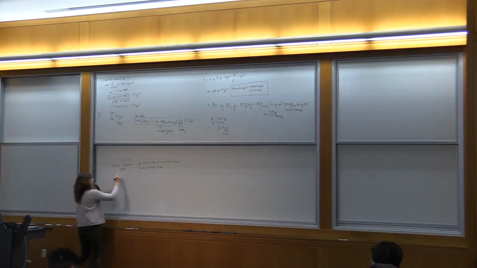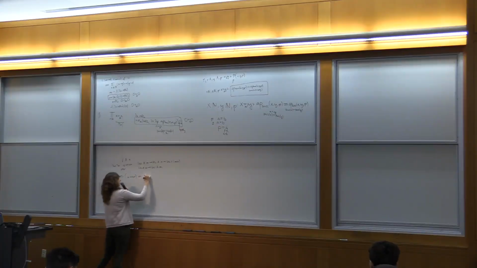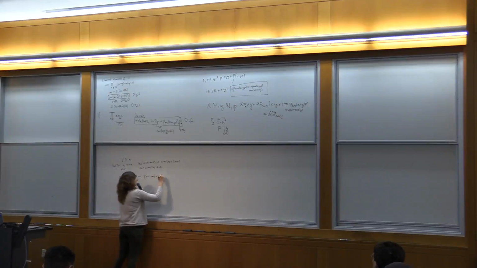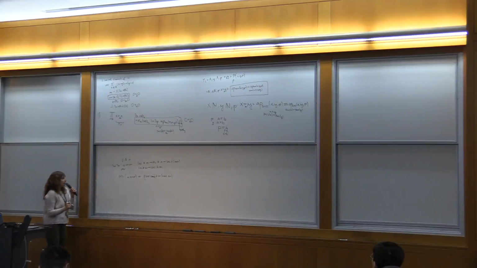So I want to say that reverse of u plus v is equal to, first reverse v, and then plus reverse u. Okay?